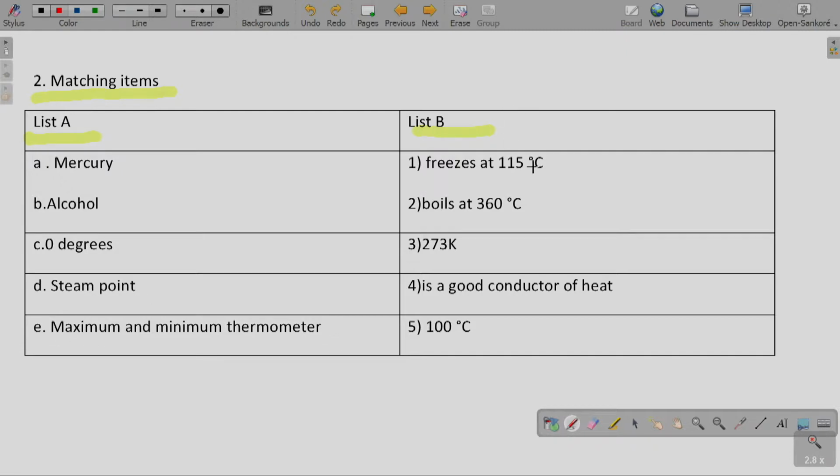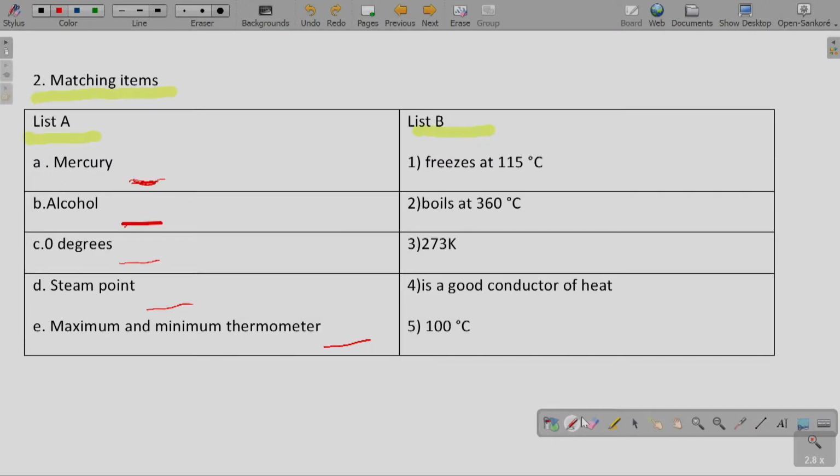From list B, I have: it freezes at negative 115 centigrade, it boils at 360 centigrade, 273 Kelvin, is a good conductor of heat, and 100 degrees centigrade. Remember, to choose the most correct answer, you first have to look at all the options given. Do not go in haste. Be careful, because sometimes there may be more than one answer that is alike.